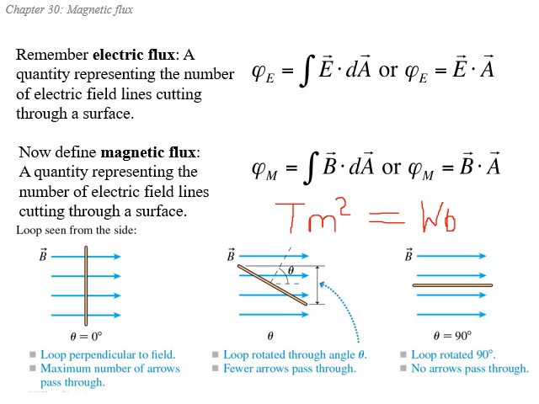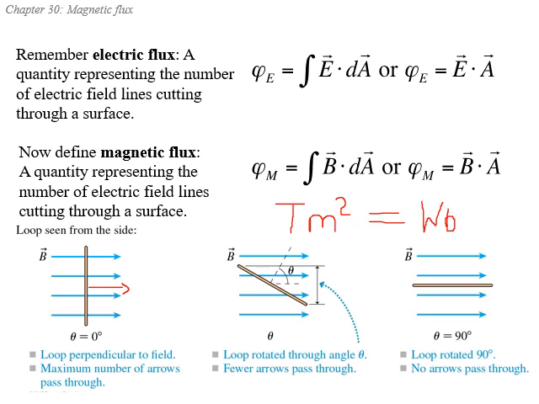Our pictures here show how the flux changes depending on the orientation. So let's make sure we know the direction of the area vector. An area vector is perpendicular to the plane of an object. In this case, the area vector would point straight out of the surface.